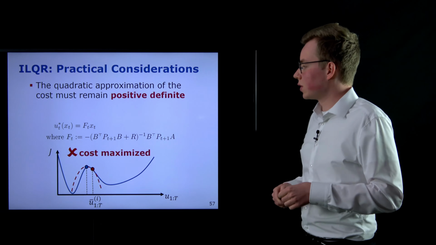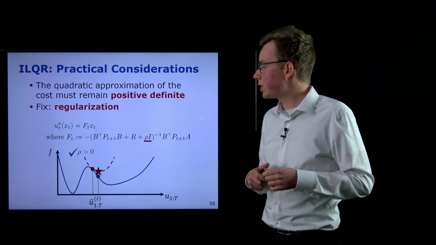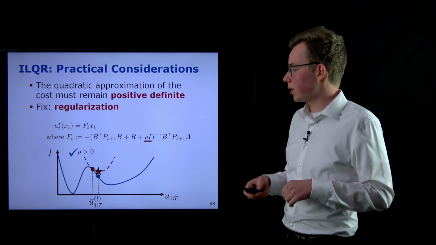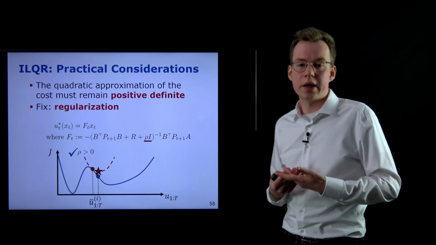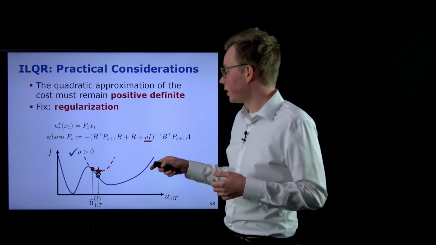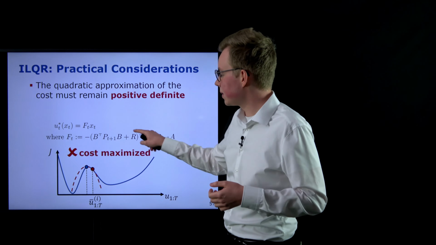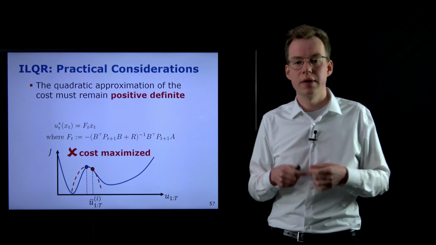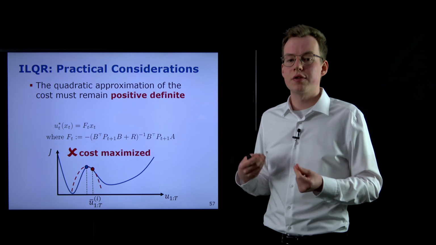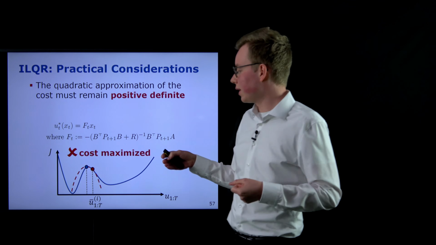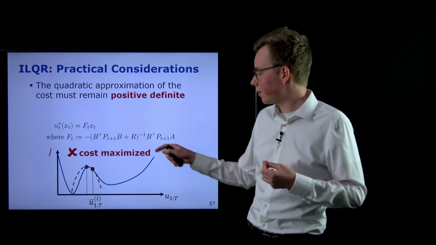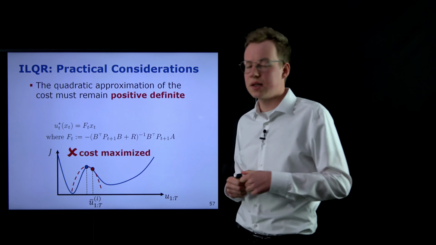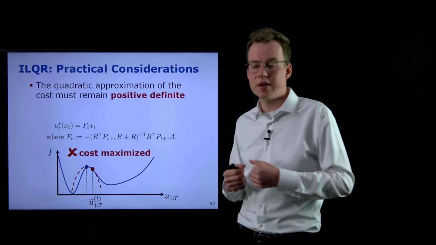In order to fix this issue, we have to apply what is called regularization, and there are different ways in which we can regularize the problem. In general, our task is to make sure that this matrix here is always positive definite. Previously we just assumed that R is positive definite and P is positive semi-definite.